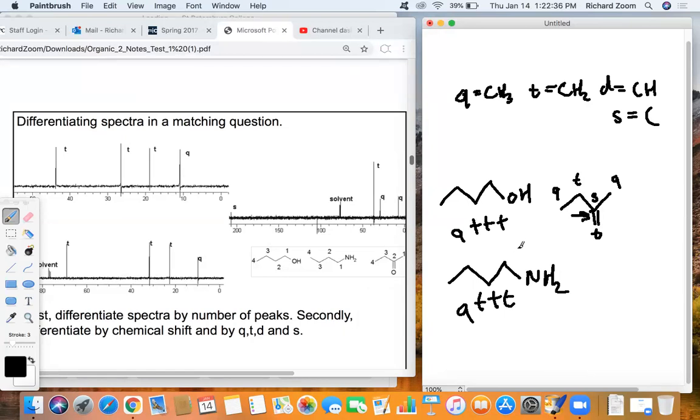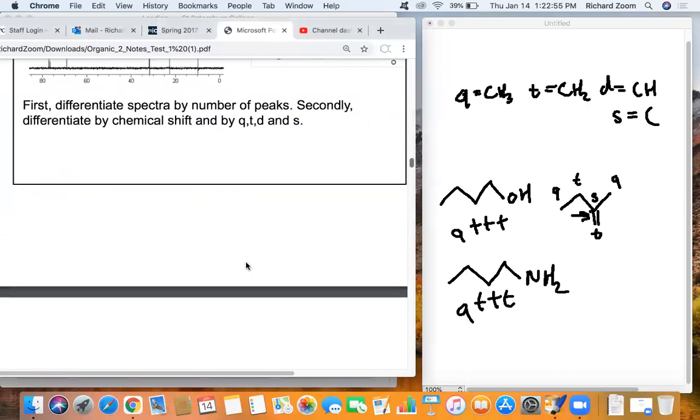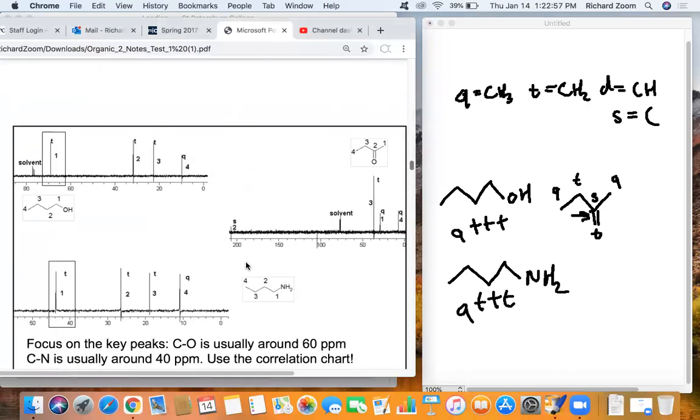Does anybody have any questions so far? All right, what about the differentiation of these two? Well, now we have to use a chemical shift to look at that. Now, if we look at the chemical shift, I think I've got that on the next page here.